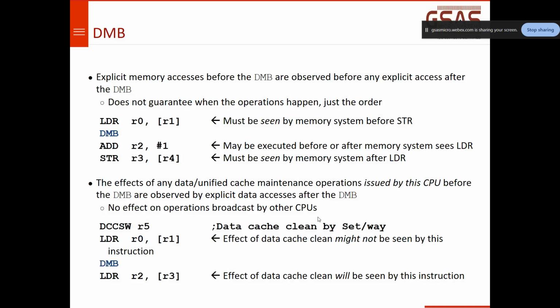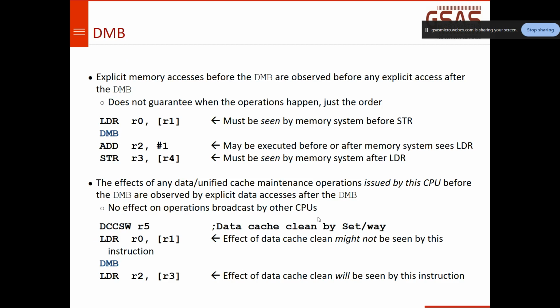Memory in the sense that here I'm reading the data from the memory to the cache, because it's an explicit access. Then ADD R2, #1, and then we are storing some data to R4.